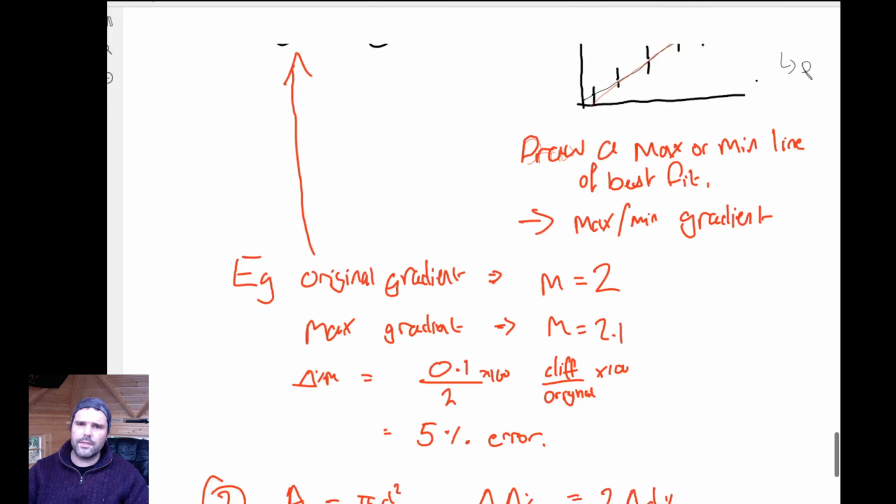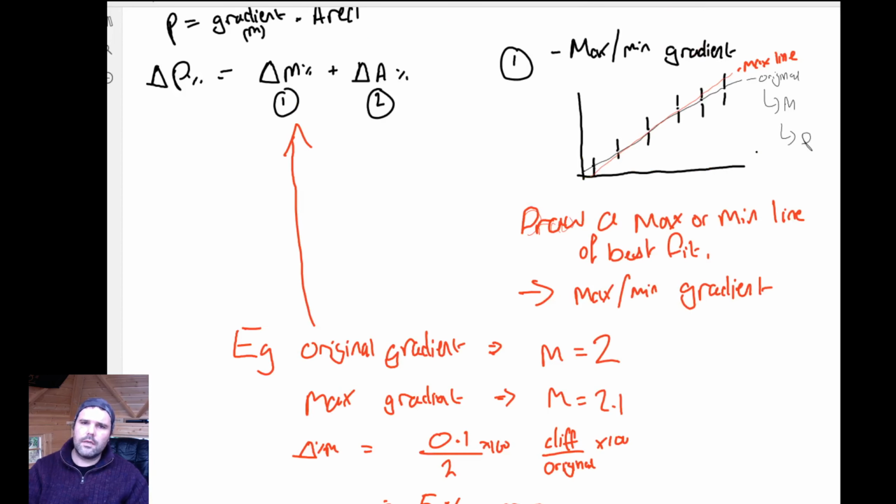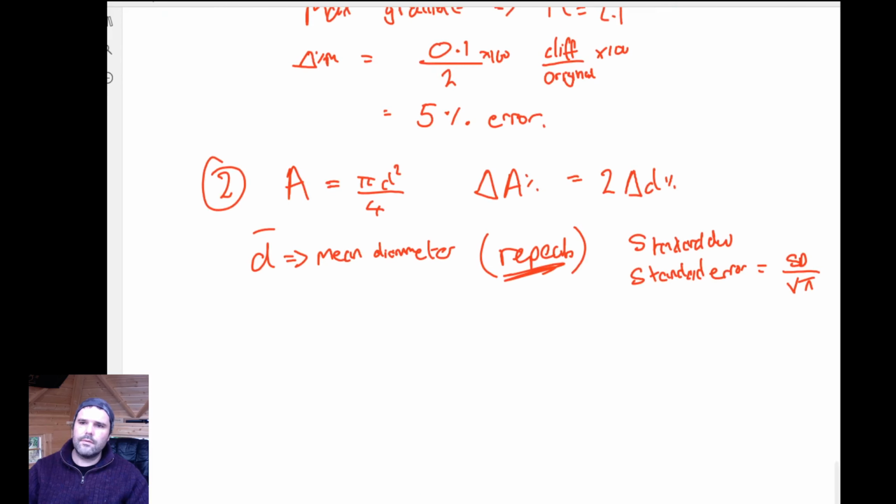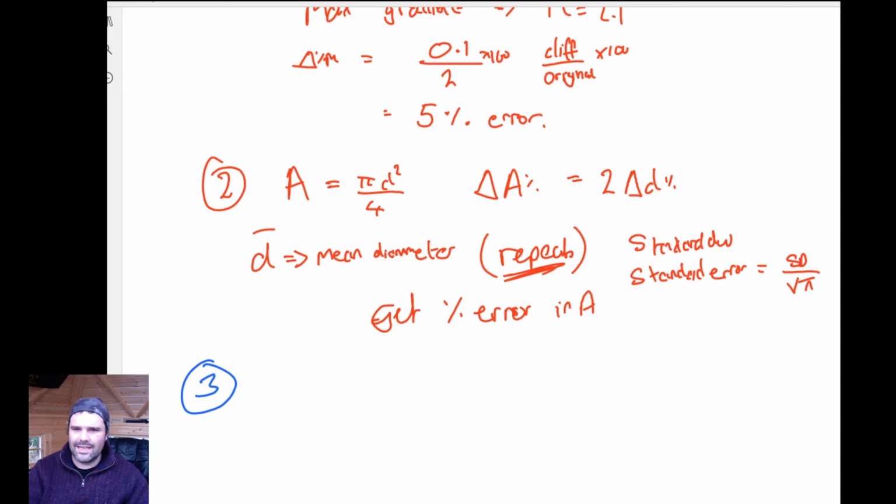So the final thing to do, number 3: add percentage error in A plus percentage error in gradient gives you your percentage error in your resistivity.